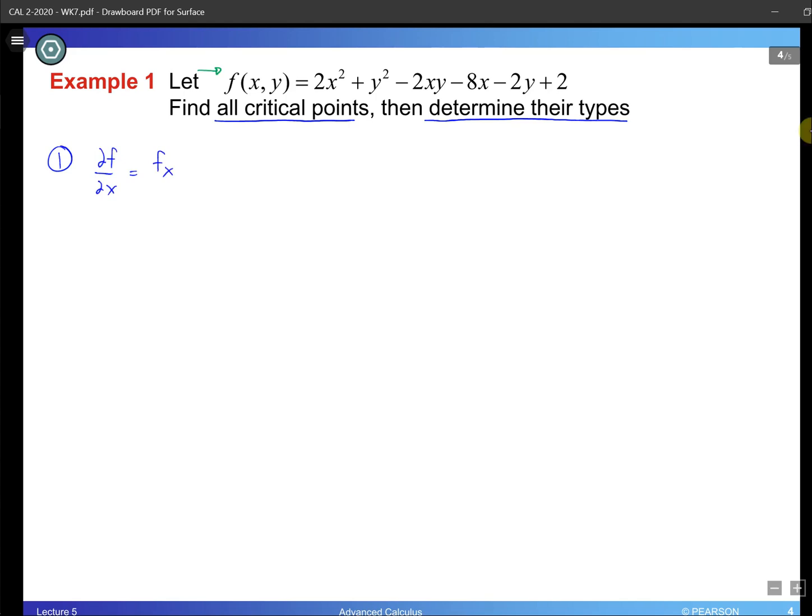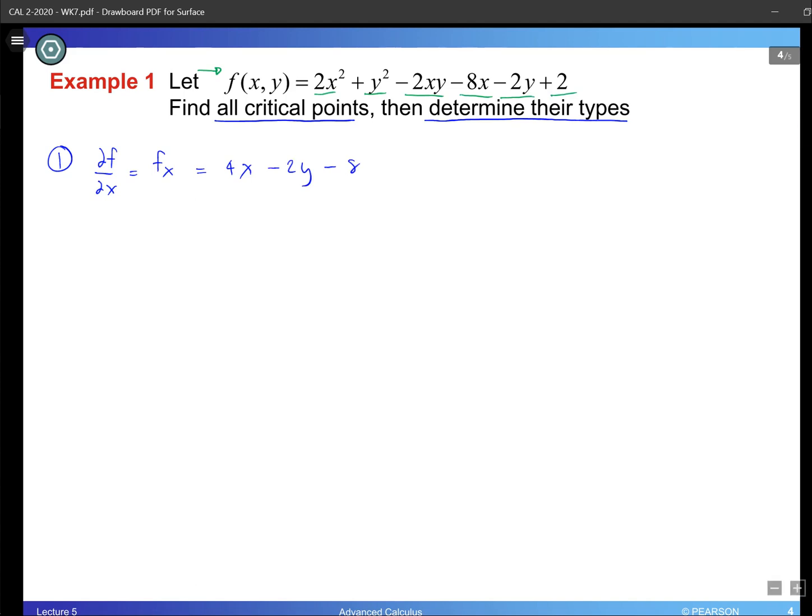Differentiating the first term with respect to x, I get 4x. Differentiating this with respect to x, of course, I get 0. Then I differentiate this with respect to x, I get minus 2y. Then this one, I get minus 8. Then this one, I get 0. And the last constant with respect to x, of course, I get 0.